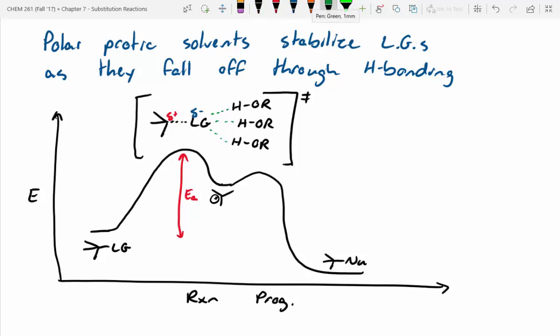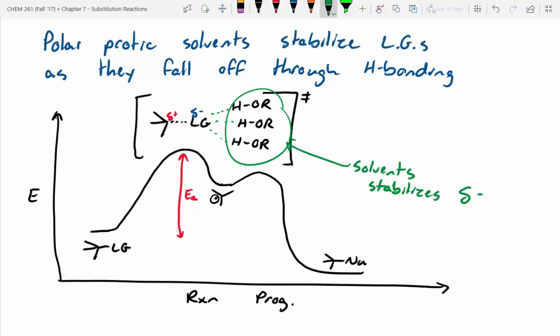So let's make a note here. The solvent stabilizes the delta negative on the leaving group. Does that make sense? It's a little bit weird to think about.